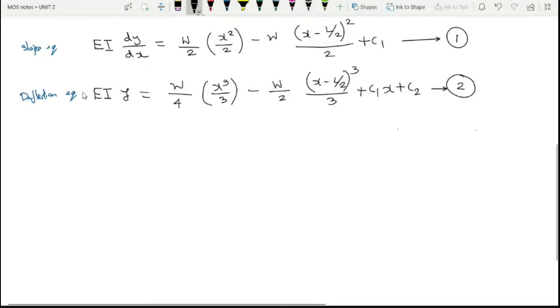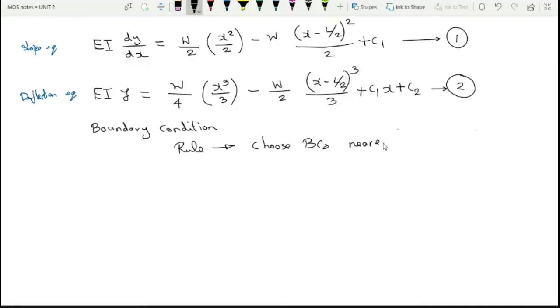For the double integration method, there is a rule for the boundary conditions: you have to choose boundary conditions nearer to your sections.